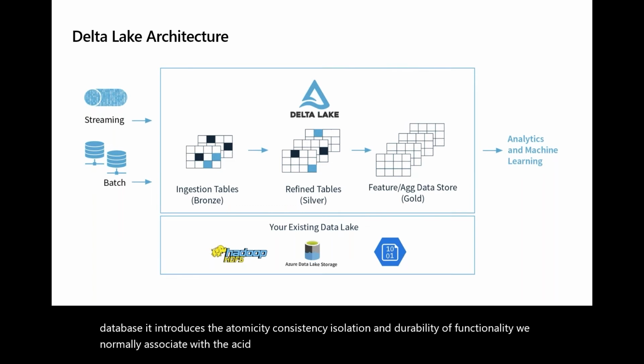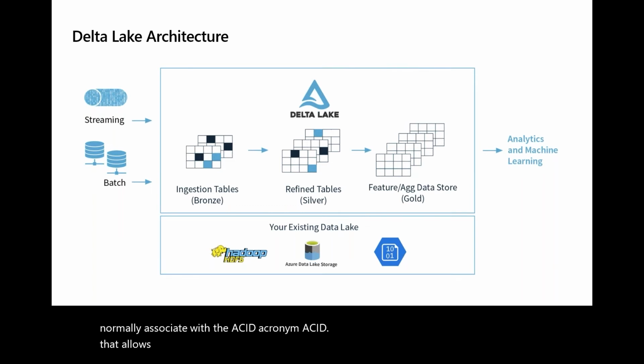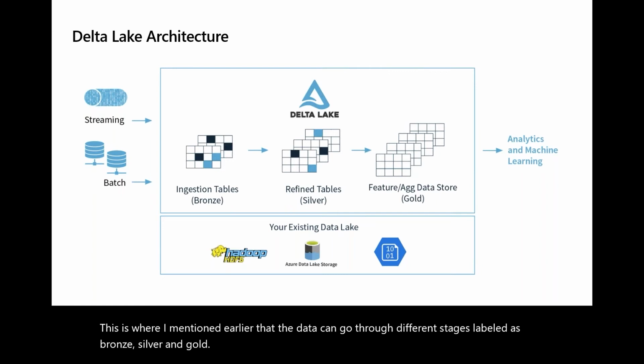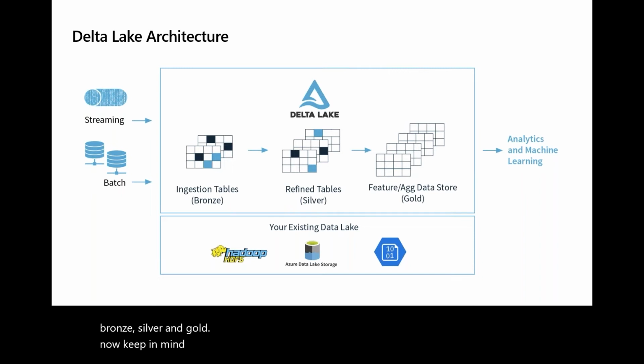That allows us to version every change, and we can roll back or undo certain changes and also look at the history. This is where I mentioned earlier that the data can go through different stages labeled as bronze, silver, and gold. Now keep in mind that Delta Lake is a format. It is not a service, but support for it is included with Synapse Analytics.